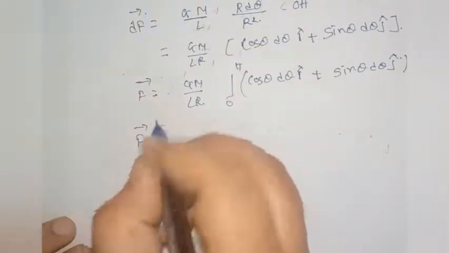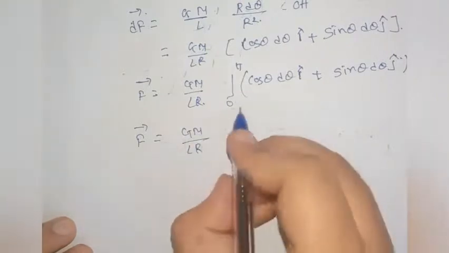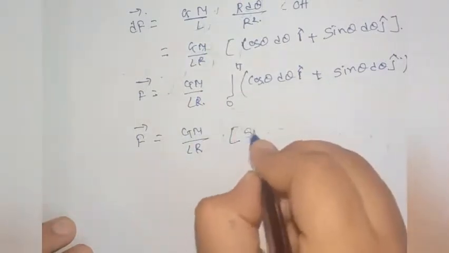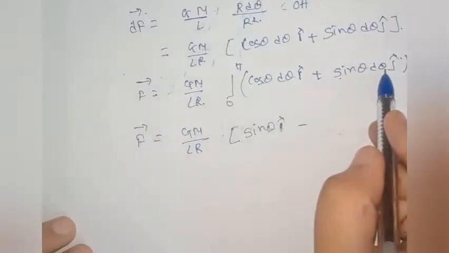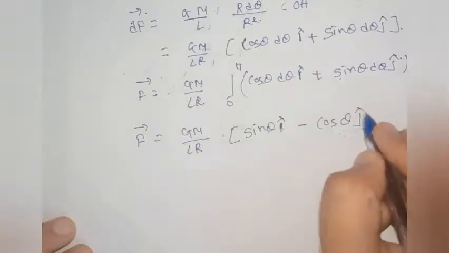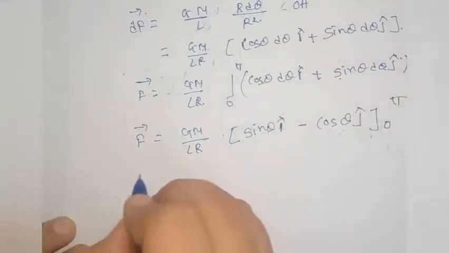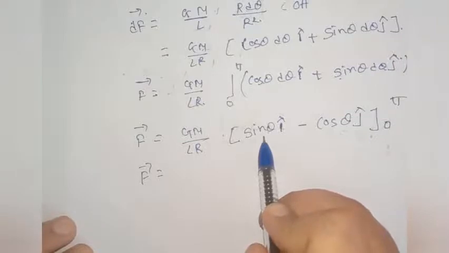So F will be GM upon LR, integration of cos theta is sin theta i cap, minus integration of sin theta, which is minus cos theta j cap, with limits from 0 to pi. Put the limits. Sin pi and sin 0 are 0.